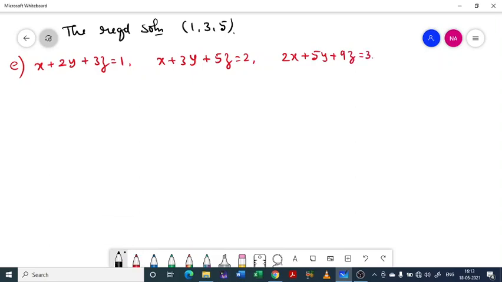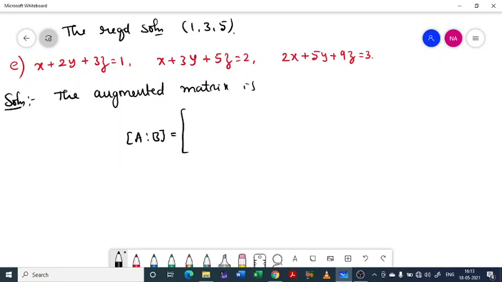Writing the augmented matrix, A colon B equals 1, 2, 3 colon 1, 1, 3, 5 colon 2, 2, 5, 9 colon 3.